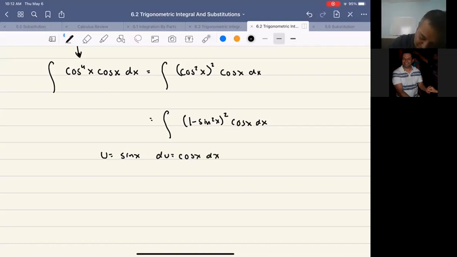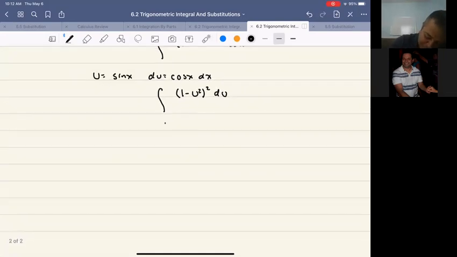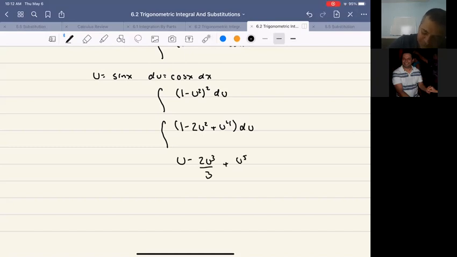Okay, so we're going to get the integral of 1 minus u squared, squared, du, and that's simple to integrate. I can just expand that out. So that's u minus 2u to the third over 3 plus u to the fifth over 5 plus c.